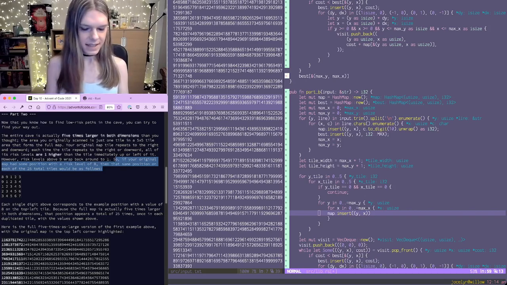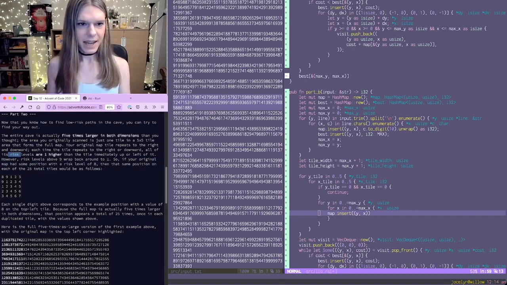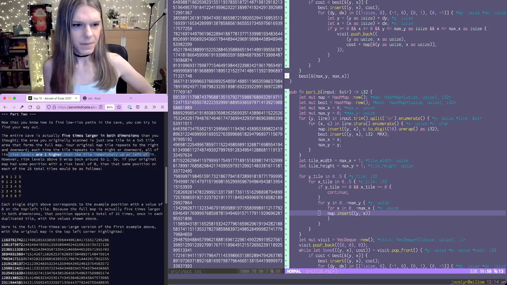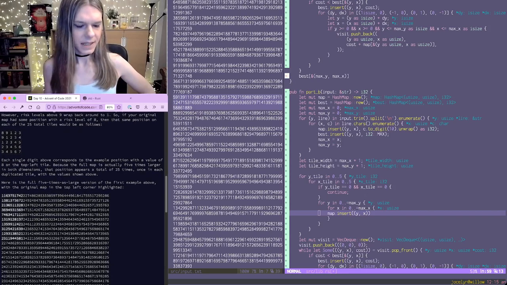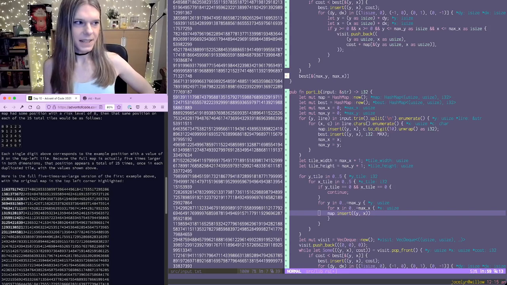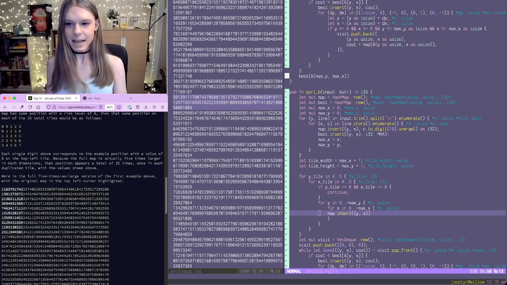So it says that its risk levels are 1 higher than the tile immediately up or left of it. So what do you mean up or left? I guess that means left unless you're the left, and if you're the left, then it's up. Okay, that's kind of annoying.